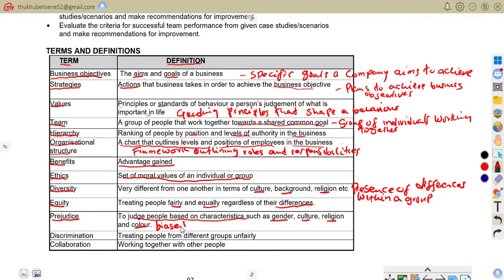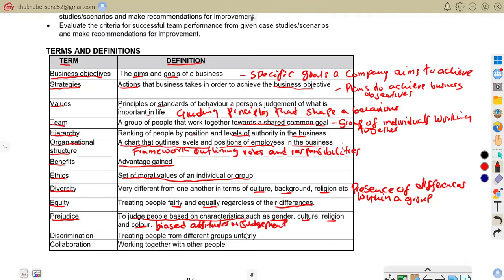That is a bias. For example, assuming someone's ability based on their age.